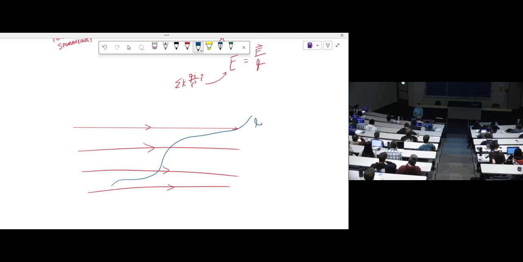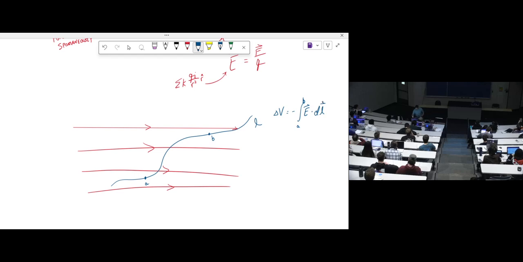This is the path that I'm walking through that field. Then what you have to consider is we said that delta V, let's call this point B and this point A, is equal to minus the integral from A to B of E dot dl.